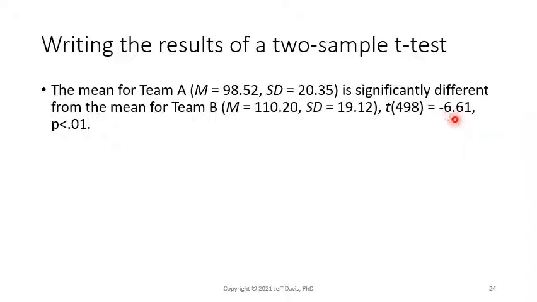I give the value that was calculated for the differences in the means, and then the p-value. It's sufficient when you have those really small p-values, like 0.0001, just to say the p is less than 0.01.